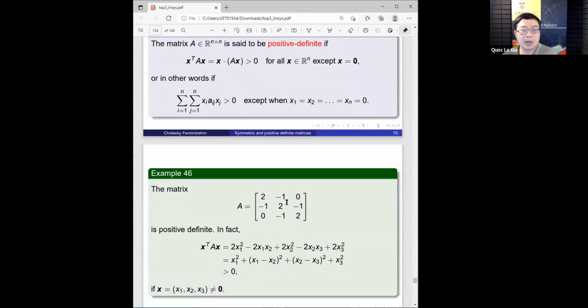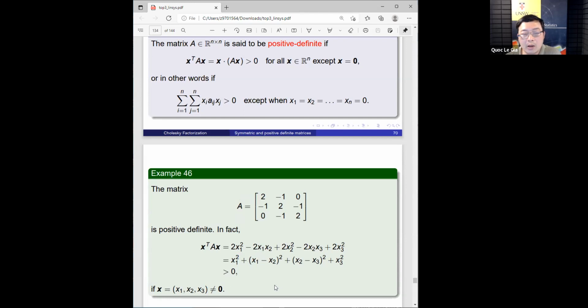Now let's see something a bit more complicated. You can multiply this out like this and complete the square. It looks complicated, but with some manipulation you can complete the square, and it becomes x1 squared plus another square here, and then another square here.